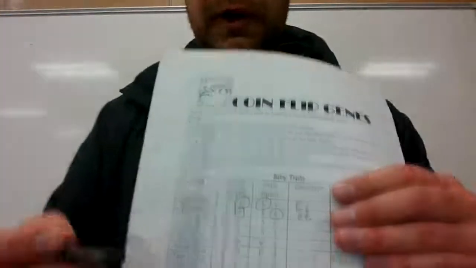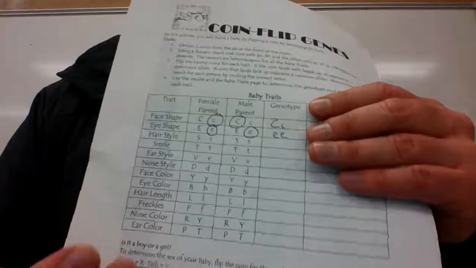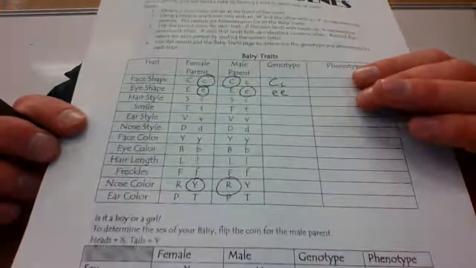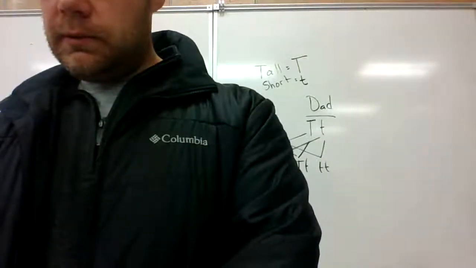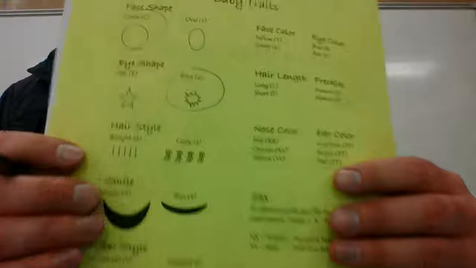So you'll do the same thing. For heads, you'll circle the first letter, and for tails, the second letter. So let's say that I flip tails and then heads. So the child's genotype will be YR or RY. Either way is fine. Okay. When I look at my list, there's a few possibilities.